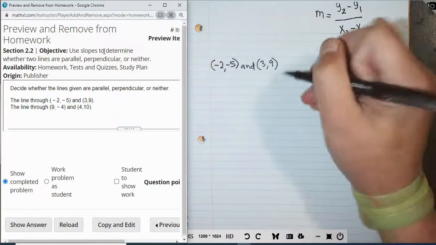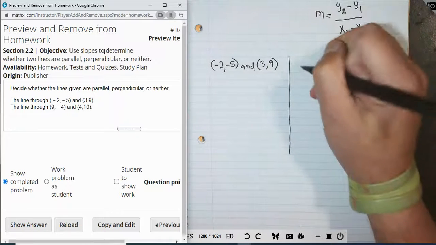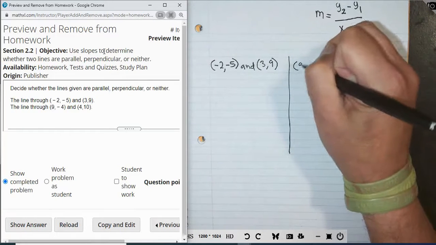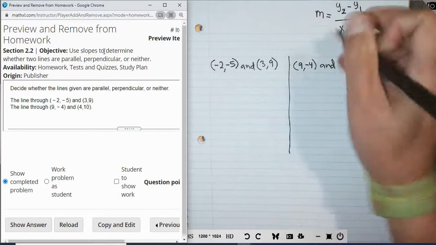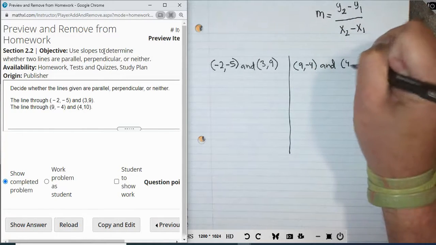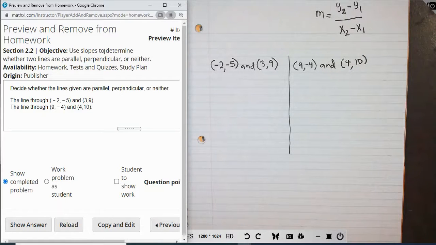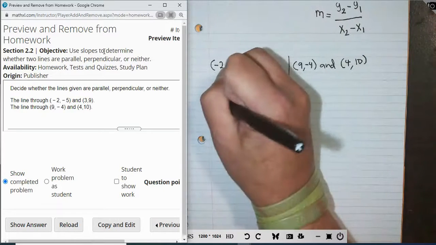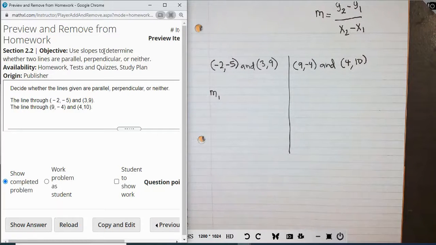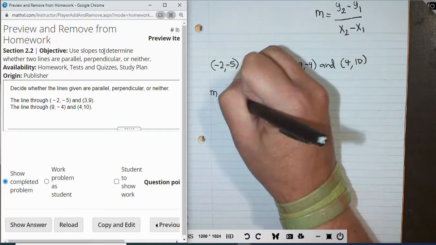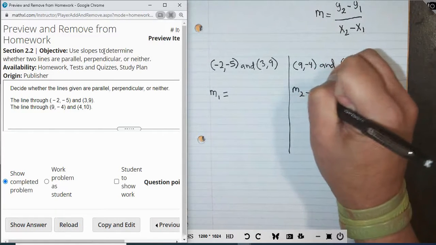And we're going to compare that to the slope of the line that goes through 9, negative 4 and 4, 10, okay? So we're going to calculate slope. I like to indicate that as m sub 1, because that's my first slope. And then over here, I'm going to find m sub 2.